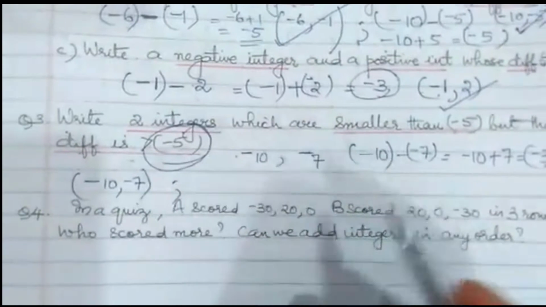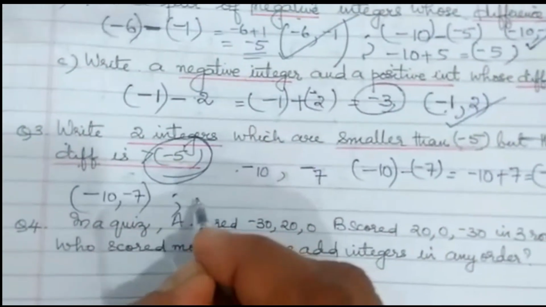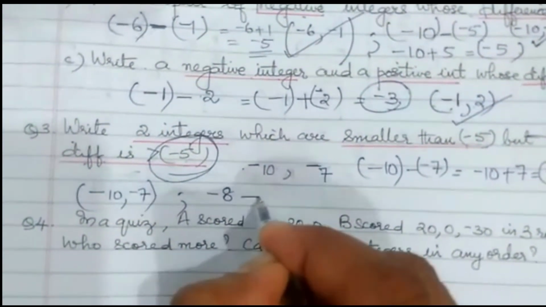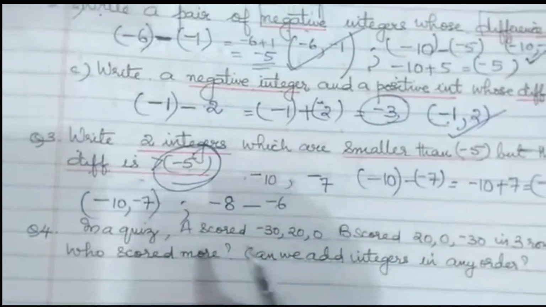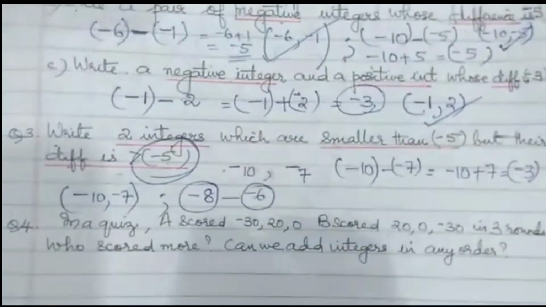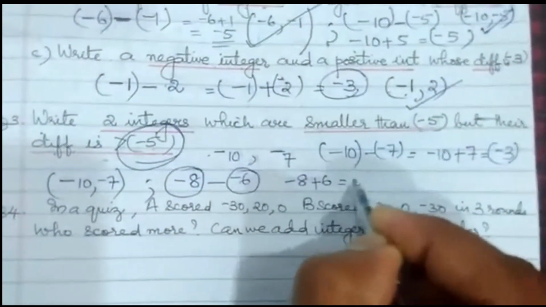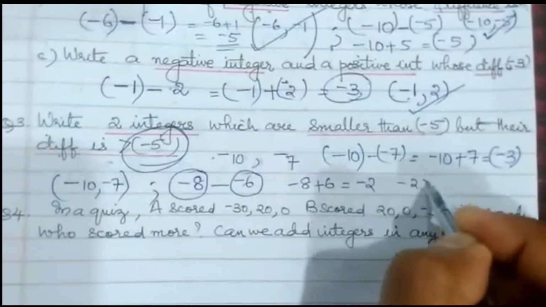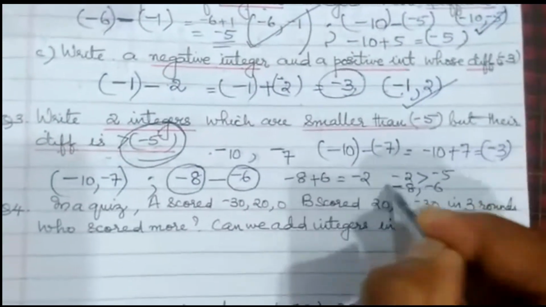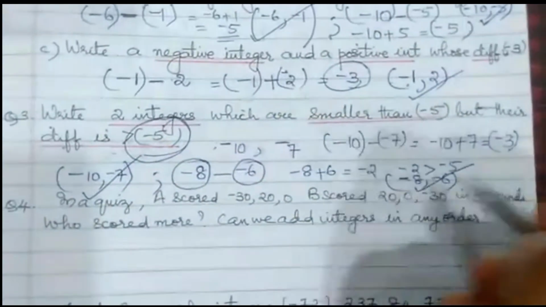If you want, you can have the next one as minus 8 minus minus 6. So minus 8 is less than minus 5, and minus 6 is also less than minus 5. Minus 8 plus 6 is minus 2. Minus 2 is greater than minus 5. So the pair is minus 8, minus 6. Here I got the first pair, here I got the second pair, any pairs.